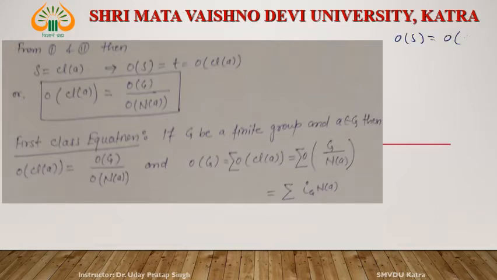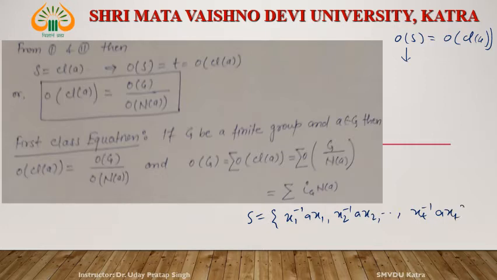That is the order of CLA, since both are equal. S contains t elements. Remember that S is equal to x1 inverse A x1, x2 inverse A x2, and so on, up to xt inverse A xt. So the order of S is t, and t is equal to the order of CLA.